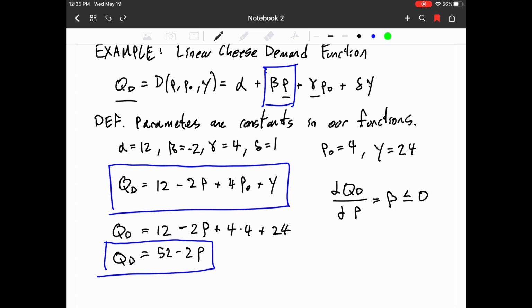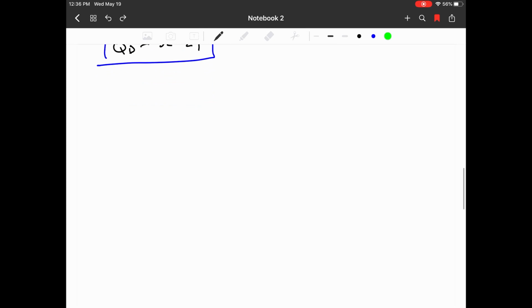Okay, in addition to equations, you've seen in your intro classes, we often describe our models using graphs. By convention, you've likely become familiar with economics graphs that use price on the vertical axis and quantity on the horizontal axis. So something along these lines.